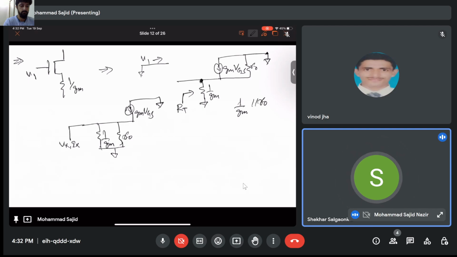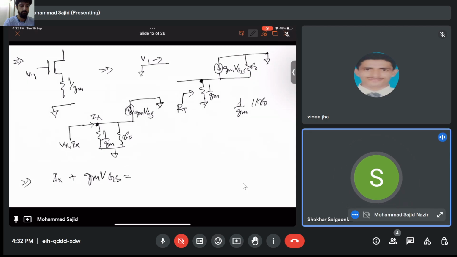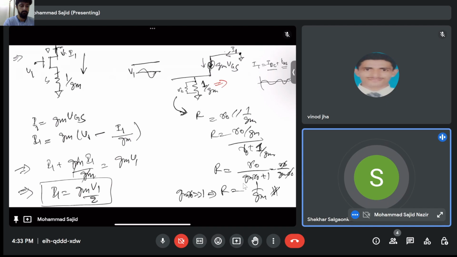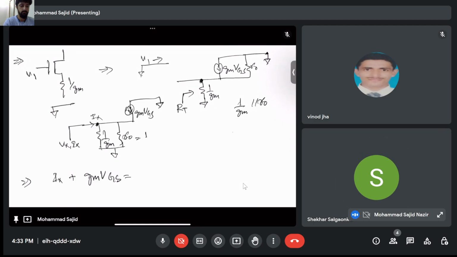Okay, so now the current Ix flows here, and this is again grounded here. If I use a KCL at this node, this will be Ix plus GM VGS. And this 1 by GM parallel R naught is 1 by GM, since R naught is much greater.